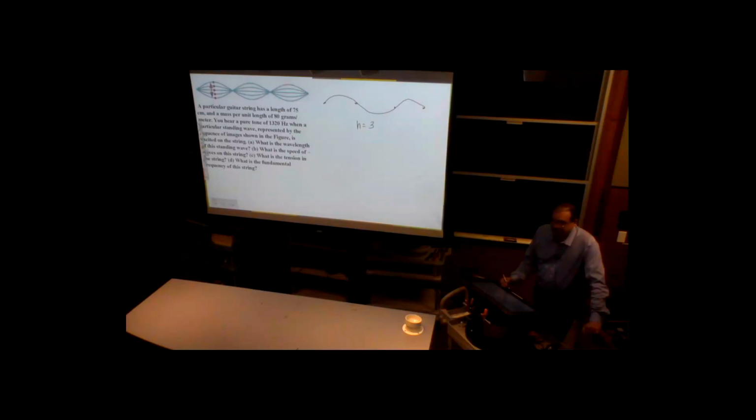Well, for this particular wave, I count halves or antinodes. I see 3 halves, 1, 2, 3, or I see 3 antinodes, 1, 2, 3, and so this is the third mode, which is supposed to be equal to n times the first, or 3 times the first, or it gives 1320. So we immediately can calculate the fundamental.